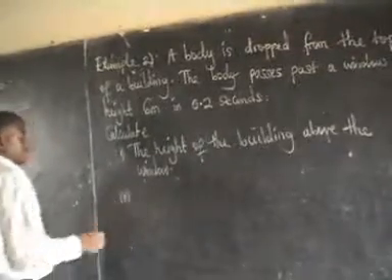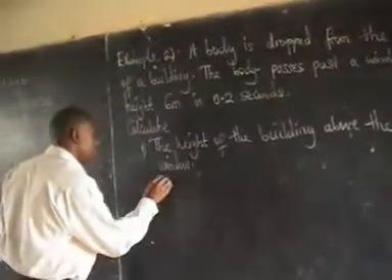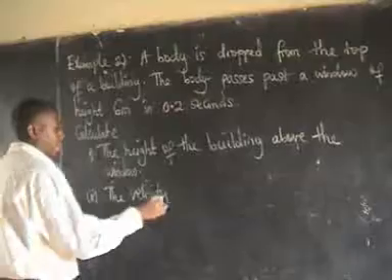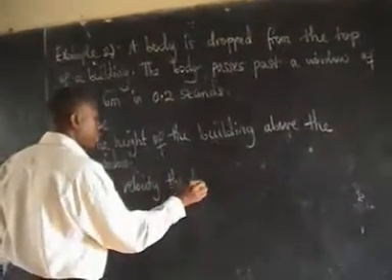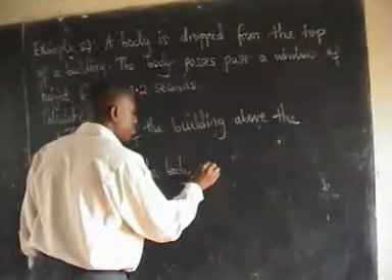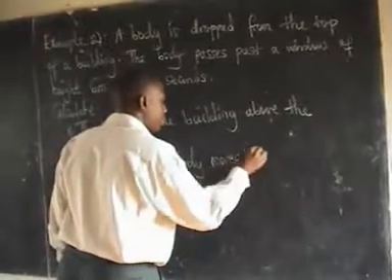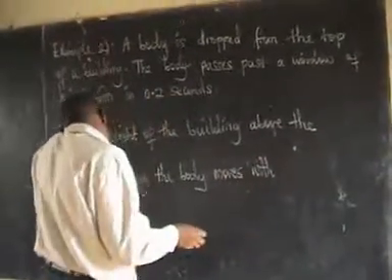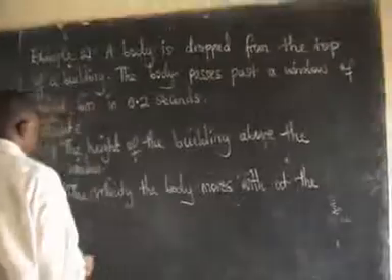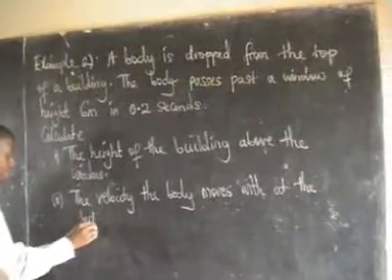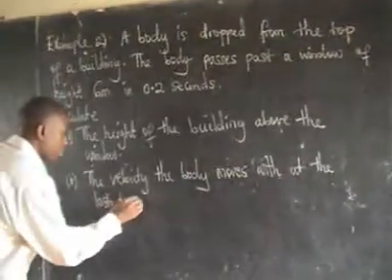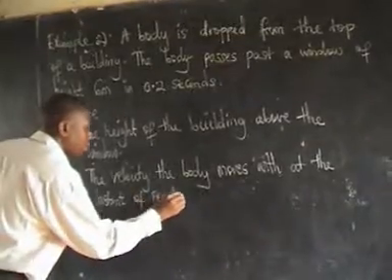Roman 2, the velocity the body moves with at the instant of reaching the window.